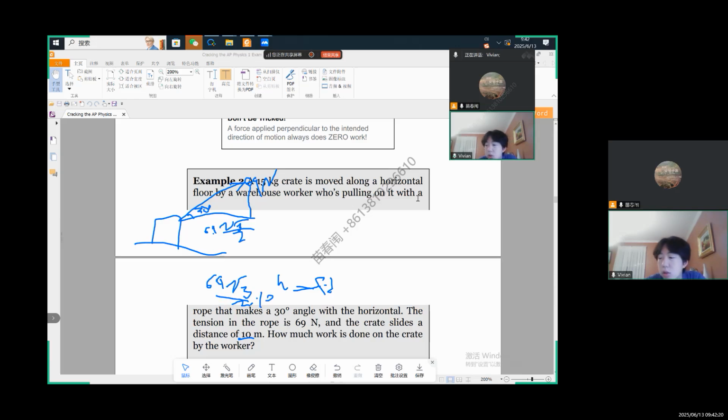Yeah, that's the work. And the unit is J, which you can also write as N m. If you write N m, that is okay. You can also write J.